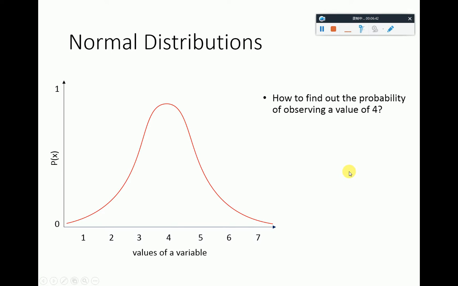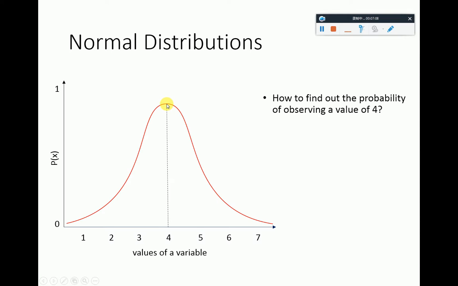Well, it seems pretty straightforward, right? You say, if this y-axis plots the distribution or the probability, then what we can do is first draw a vertical line so that it touches 4 at this end, and it will intersect with this curve at the other end.